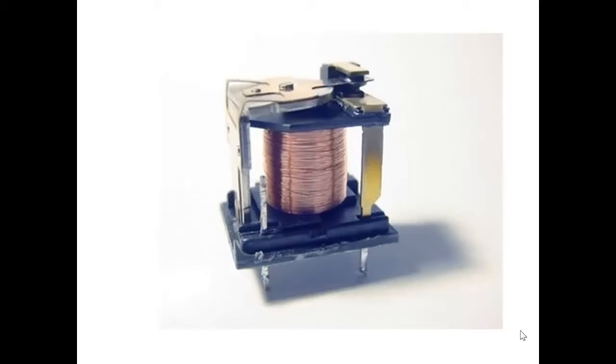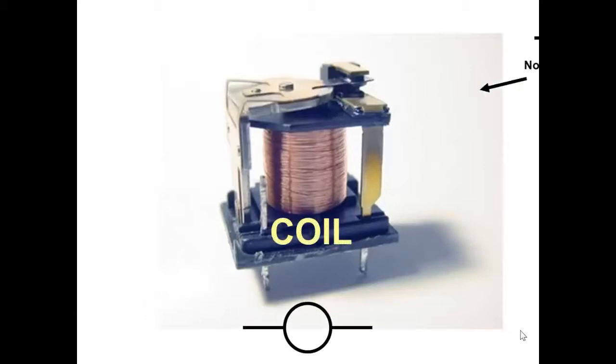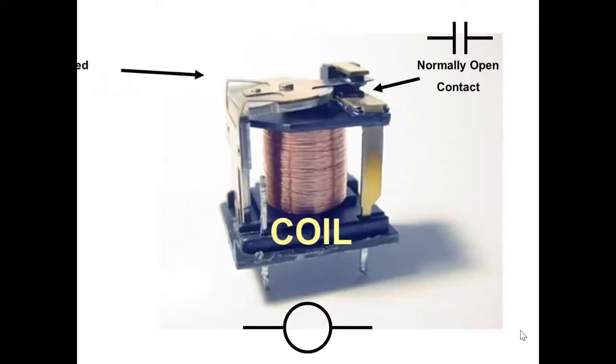Returning to our photo of a common relay, and by the way, relays come in much smaller formats than this and much larger. This is a circuit board mount relay, actually a fairly small one. Coil, symbol for the coil. Normally open contact, normally closed contact.